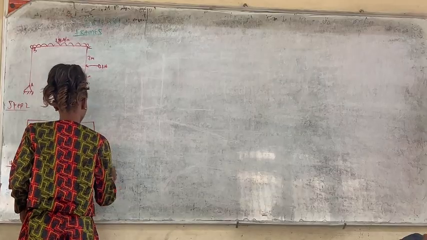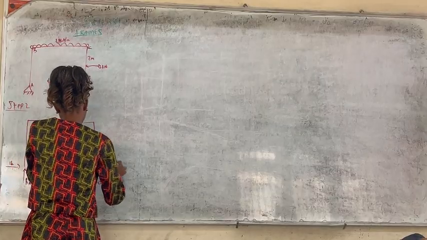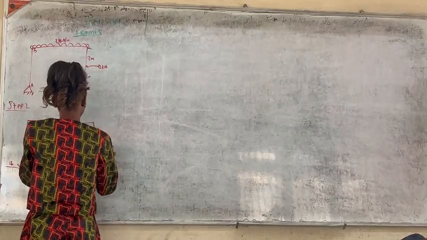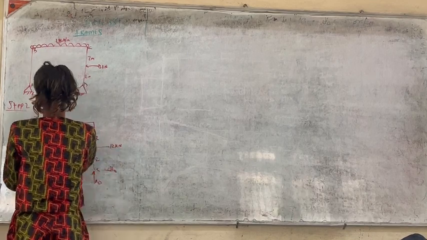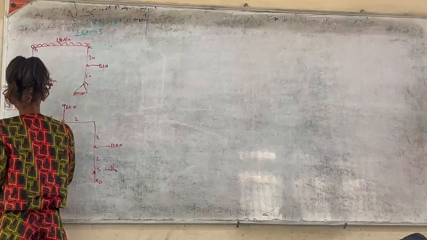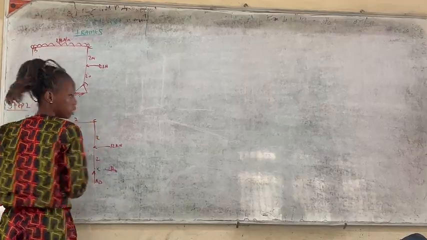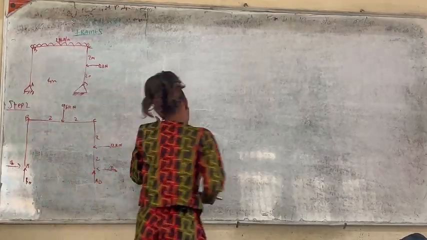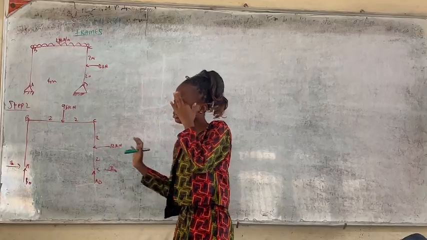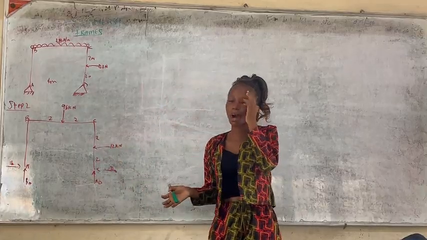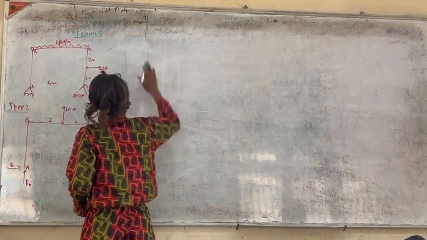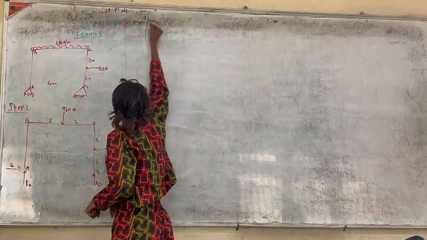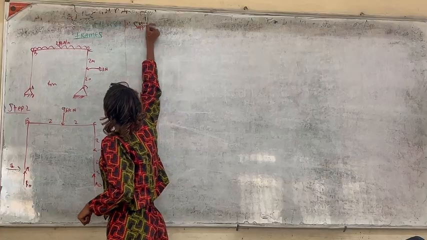RD, HD, and we have what? 12 kilonewtons here. So we have our free body diagram. So now we need to solve our support reaction.